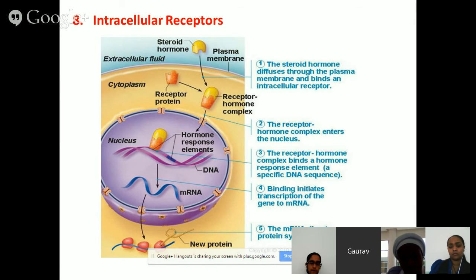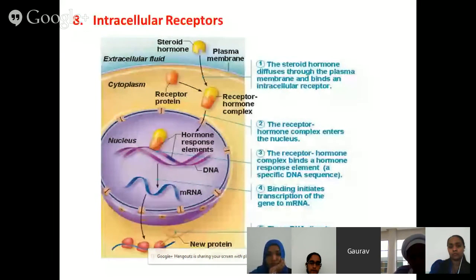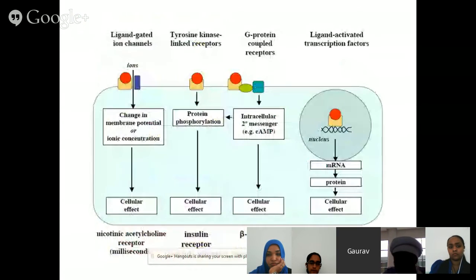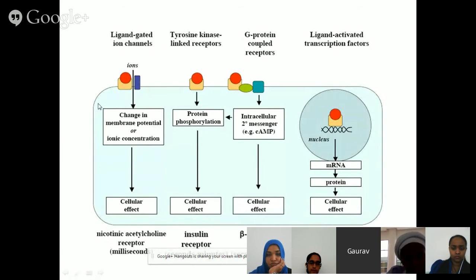So like that we have discussed all these types of receptors: ion channel receptors, G protein receptors, tyrosine kinase receptors, and intracellular receptors. There is a summary given in this slide. You can see the first, ligand gated ion channels.